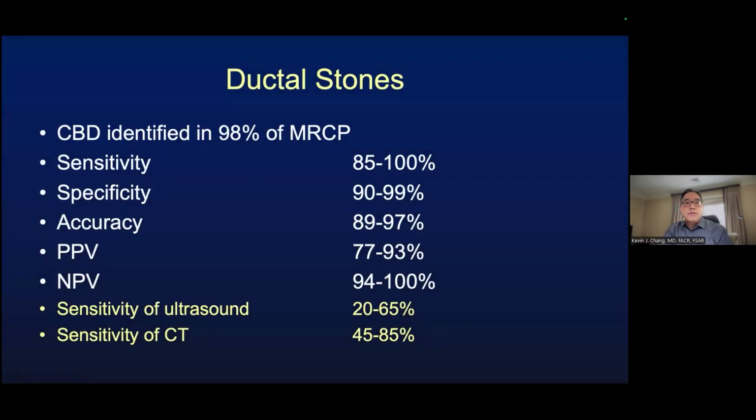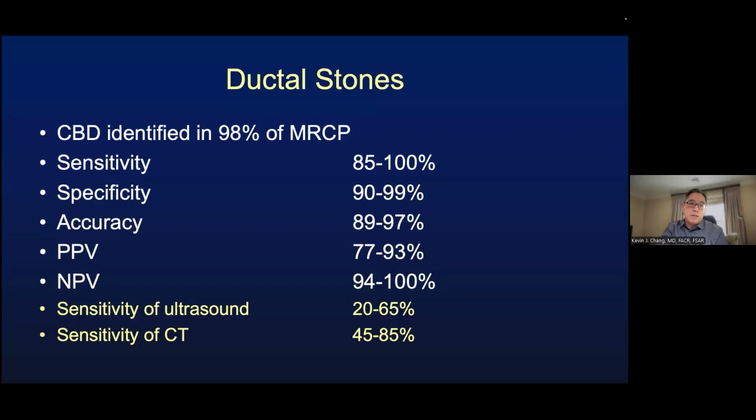Next topic is ductal stones. So the CBD is identified in almost every MRCP, and the sensitivities and specificities and the accuracies for depicting ductal stones, whether it's biliary ductal stones, which we more commonly look for, or even pancreatic ductal stones, is certainly much better than that of ultrasound or CT.